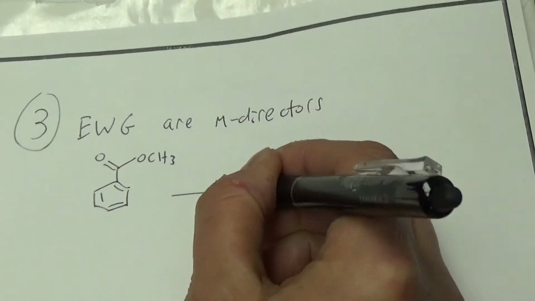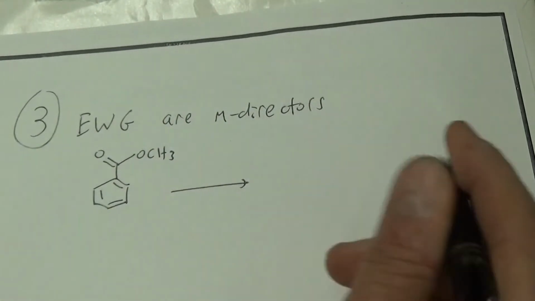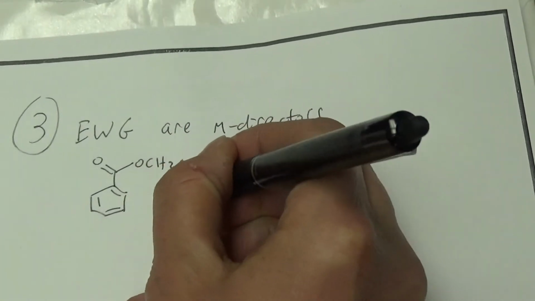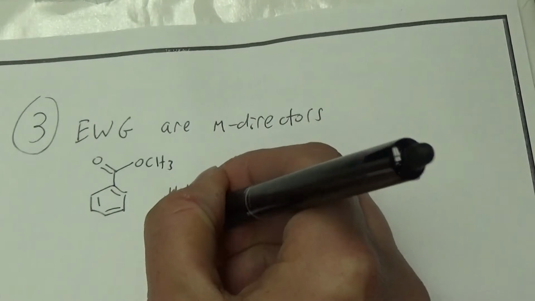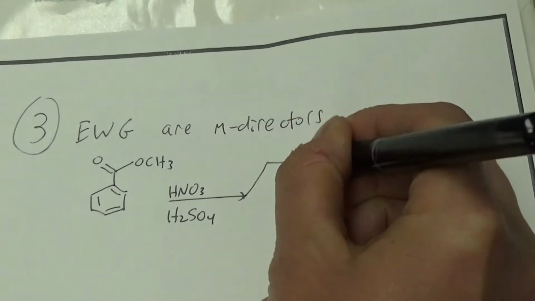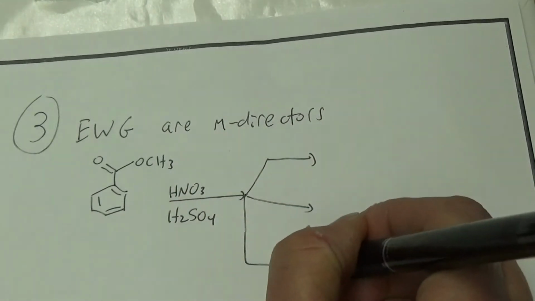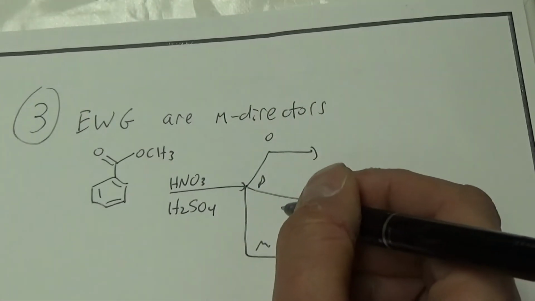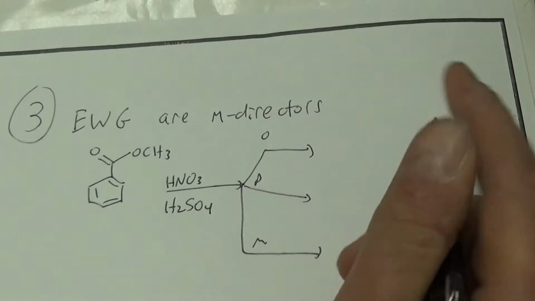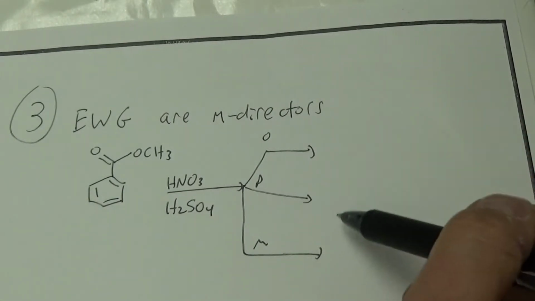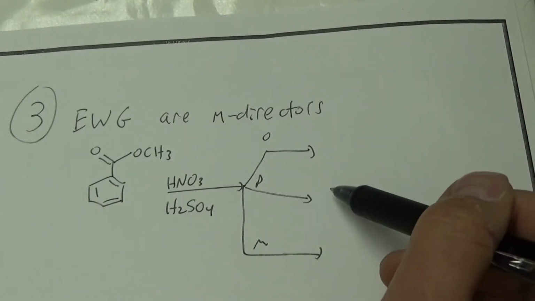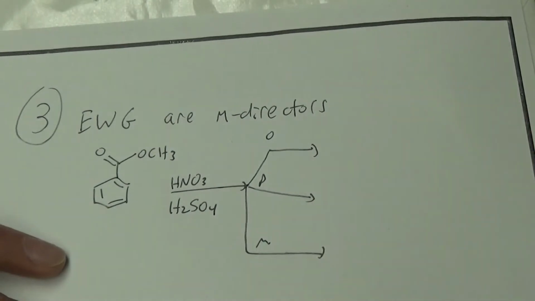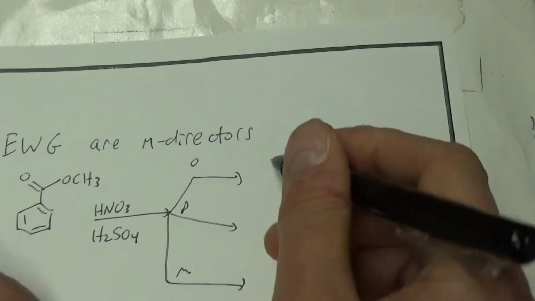Now we'll pick one of the reactions we were doing, like nitration, HNO3, H2SO4. Show our three cases, ortho, para, meta. What we're going to expect again is that ortho and para are bad. They have an unstabilized intermediate, and then meta is not as bad. That's the way I like to say it.